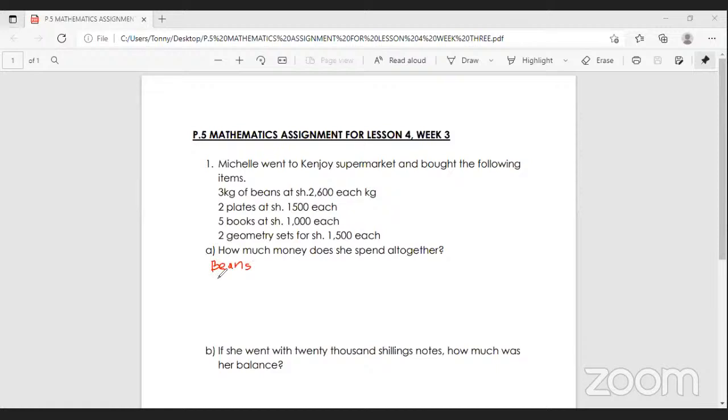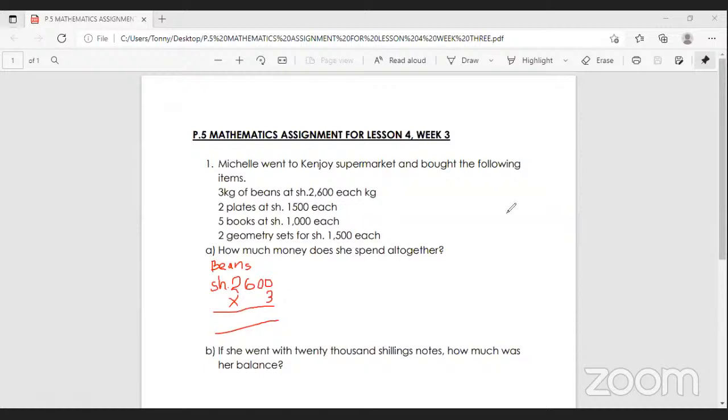Now, you go back and interpret: 1 kilogram of beans is 2,600 shillings. You can use a summary form. Now you are working out the total amount of money that you will spend altogether. And then Elizabeth said we multiply 2,600 by 3 to get the amount spent on 3 kilograms of beans.